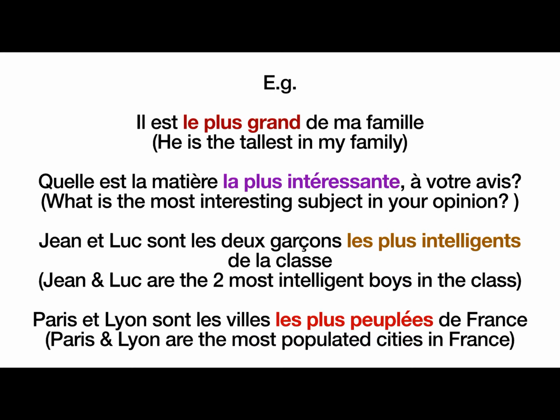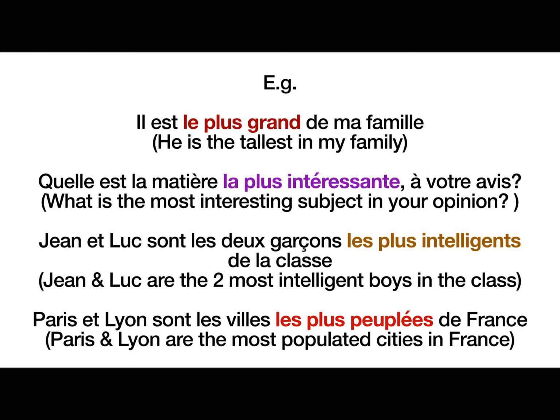Jean et Luc sont les deux garçons les plus intelligents de la classe. Jean and Luc are the two boys the most intelligent of the class. So really, we would say in our language, Jean and Luc are the two most intelligent boys in the class. So les plus intelligents.